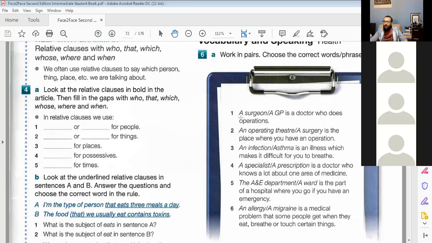Okay. So GP. Let me explain what a GP is. The word GP is short for general practitioner. A general practitioner is like a family doctor. Do you get the idea?